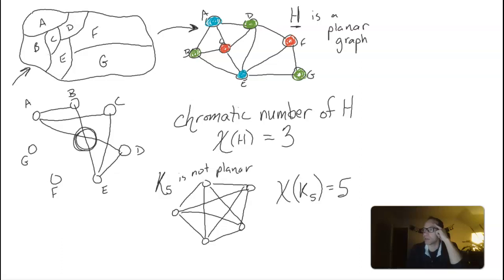Unlike what we have up here with H, because H came from a map. If it comes from a map, it'll always be possible to do it in four or less. But if it doesn't come from a map, it could take any number of colors. The chromatic number of K10, for example, is 10. Like a complete graph, it'll always be whatever that number is, because you can't draw it without these intersections.